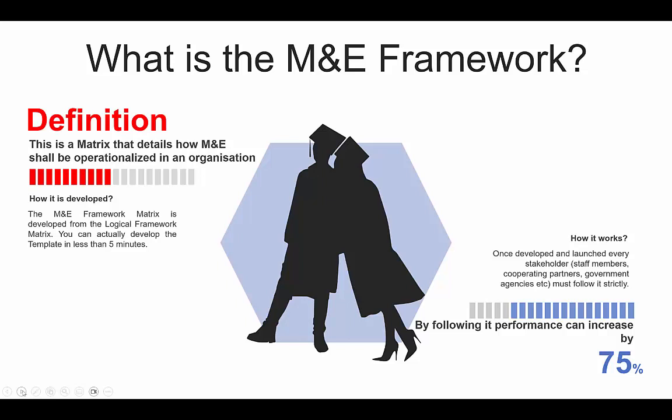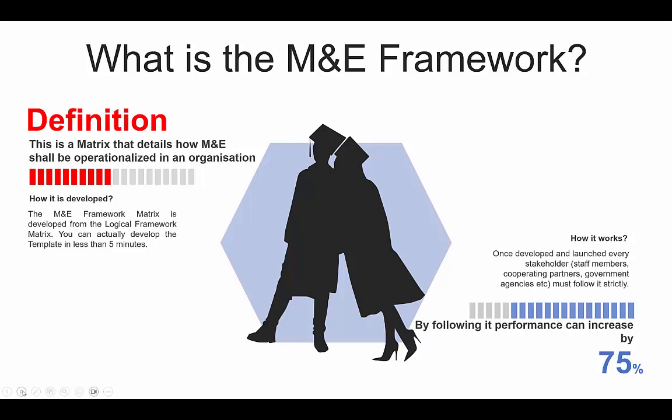So now the M&E framework matrix is developed by simply going to your logical framework matrix. Okay. The log frame is what defines the project. So you simply lift that LFA matrix, tweak it a bit, and transform it into the M&E framework matrix. Because these two are actually very similar. They are like brother and sister. So it's easy to tweak them so that you can get the framework matrix that you're looking for.